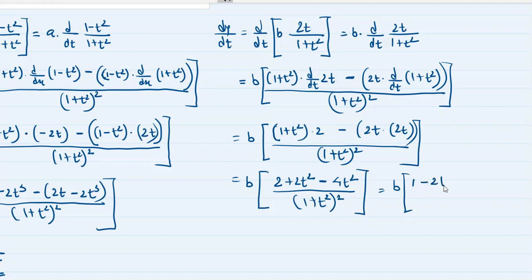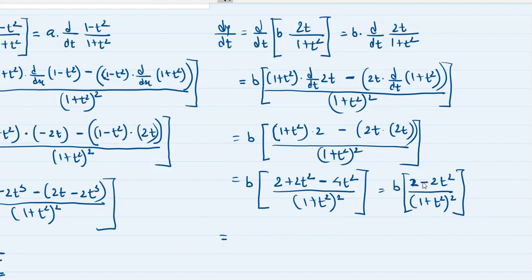So 1 minus 2t square upon 1 plus t square the whole square. Sorry, this will be 2 minus 2t square.